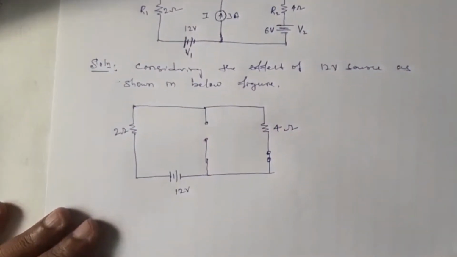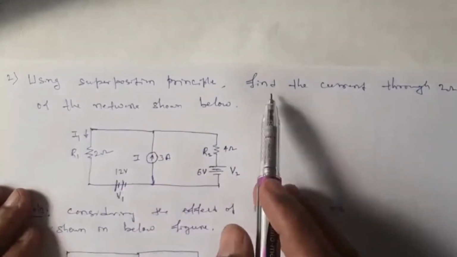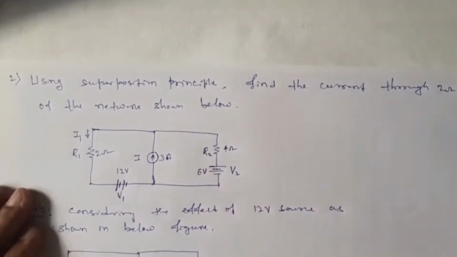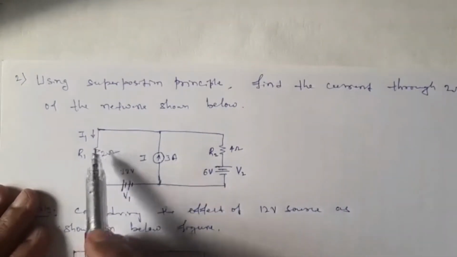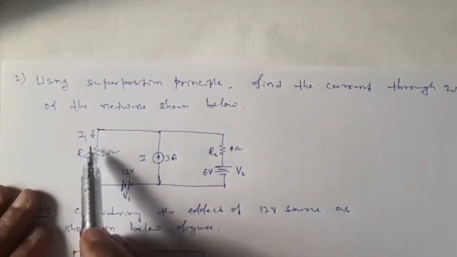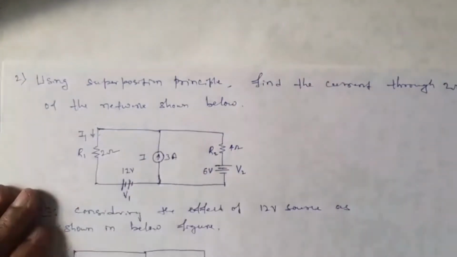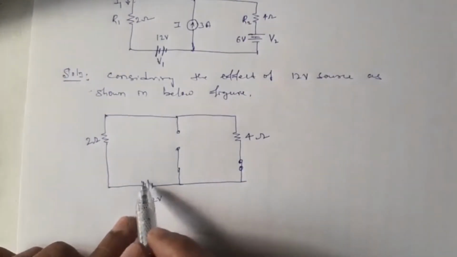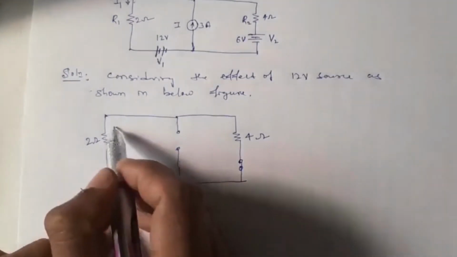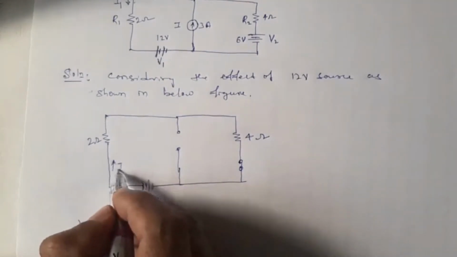Now what we want here: using the superposition principle, find the current through the 2 ohm resistor. So we should find I1, which has been shown in this direction. But dear students, if you look at this 12 volt source, the current will flow in this direction. That's the reason I consider I1 dash in this direction.